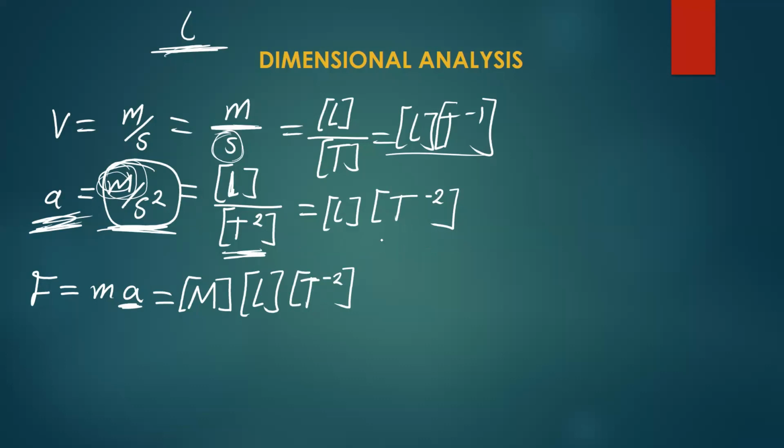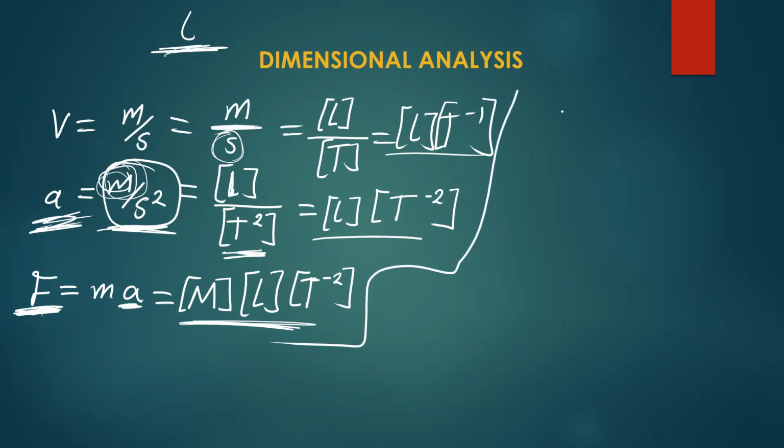So this is actually the dimensions for force. So now, how do you find the dimensions for force using its units? It's very simple. We know that say force is measured in newtons.